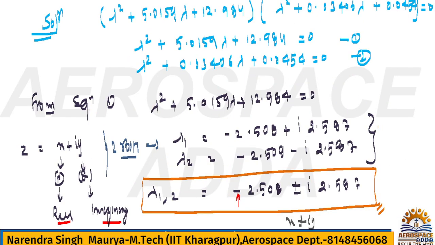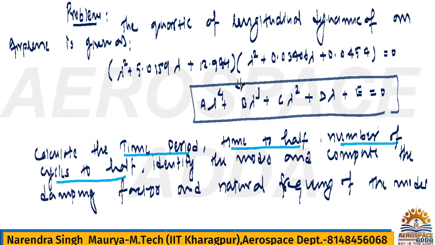What are the data? They are asking for the time period, time to half, and number of cycles. We have calculated the damping factor and natural frequency for the short period oscillation. Modes means short period or long period, so here it is short period.